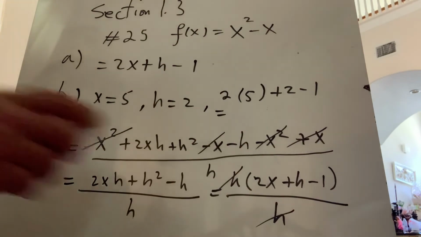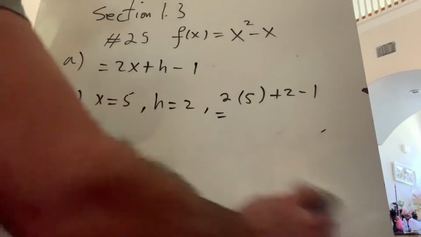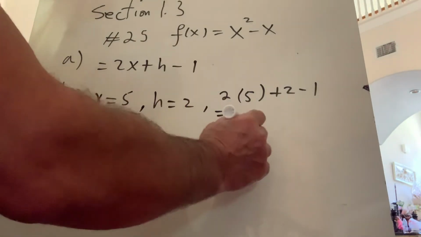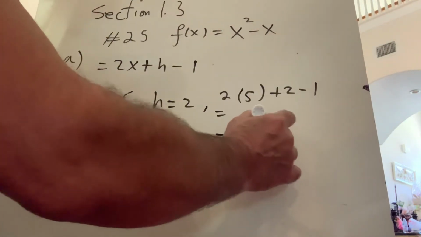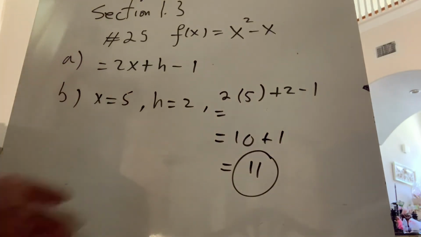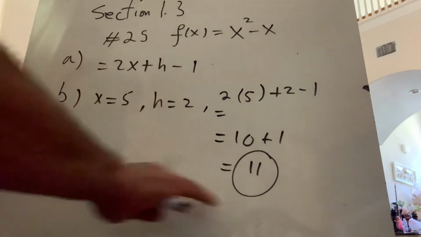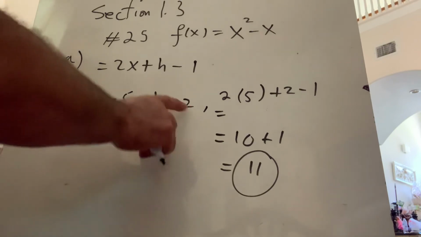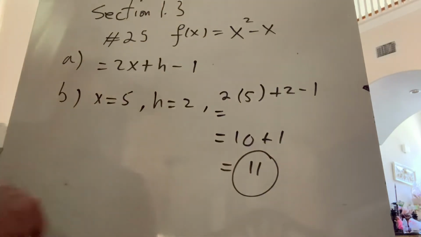Now the last step is to calculate that. 2 times 5 becomes 10, 2 minus 1 is 1, and 10 plus 1 is 11. So for the first row in that table for part B, the difference quotient will be 11. For the next row, you do the same thing, except you have x equal to 5, and I believe h is 1, so you plug in 1 in place of h and then compute. That's really pretty much the substitution.